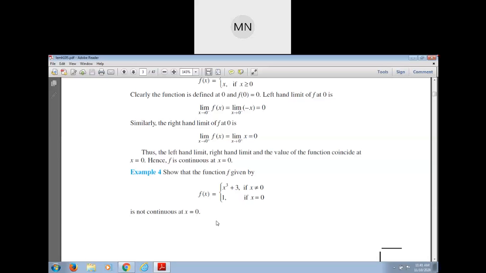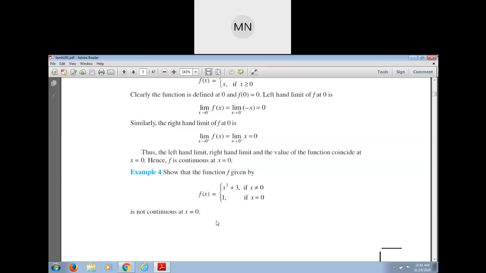Can you tell me? Because we are going to check the continuity at x equals 0. Hello? Yeah, Yasmin, tell me. Then in the first step, what do we find? Because we have to check the continuity at x equals what?